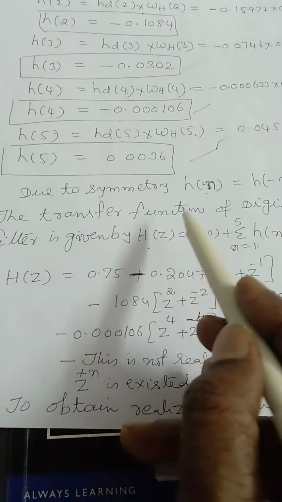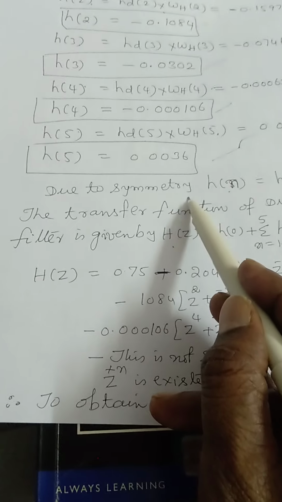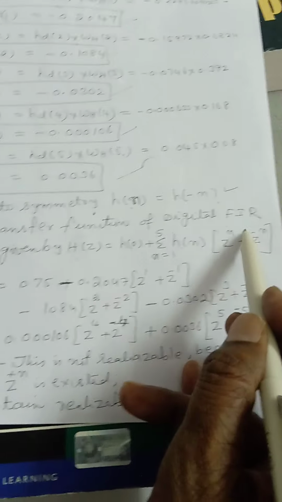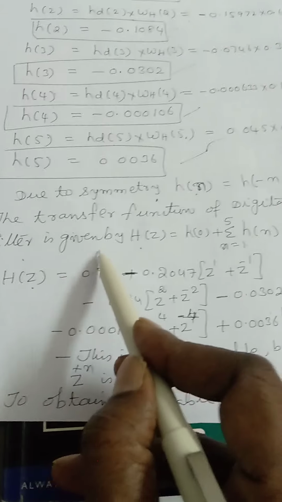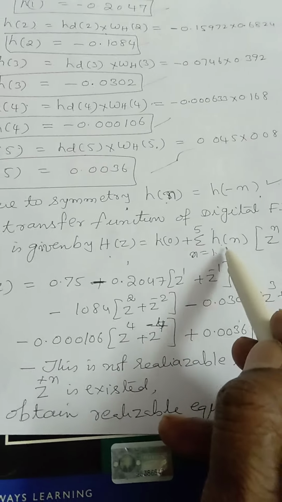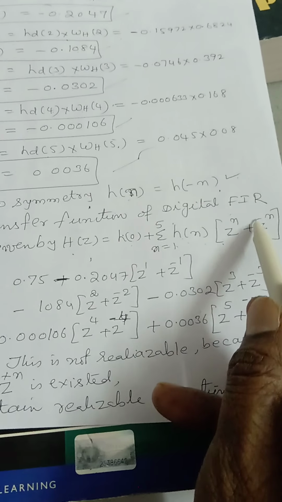Now from here, every student knows how to determine the transfer function H of z. The transfer function of a digital FIR filter is given by H of z is equal to H0 plus sigma n is equal to 1 to 5 H of n into z to the power of n plus z to the power of minus n.